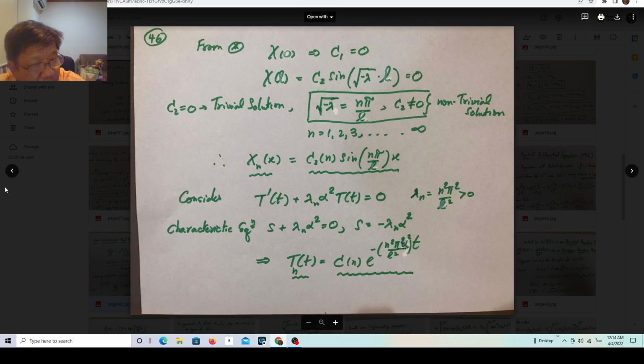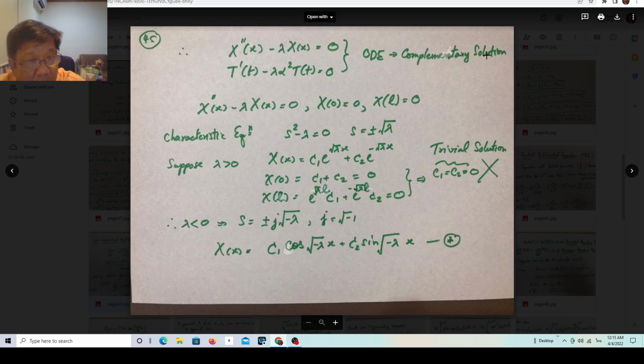You might look here: you have square root of minus lambda equal to n pi divided by L, but in this equation you want lambda times alpha squared. This lambda is not the square root of lambda.